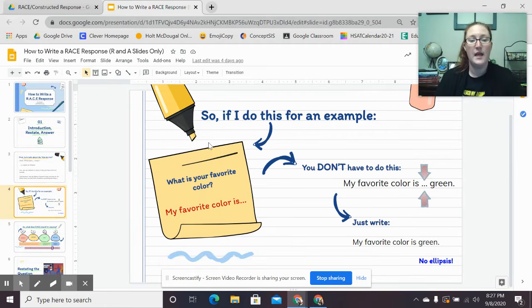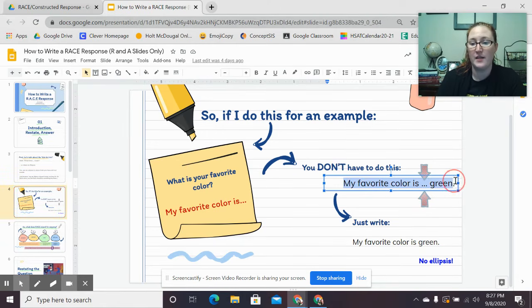For example, if I give you this question, what is your favorite color? I might give you a sentence starter. I might say, my favorite color is... I put that ellipsis there because I want you to put something in. So you don't have to write, my favorite color is green... in the middle.